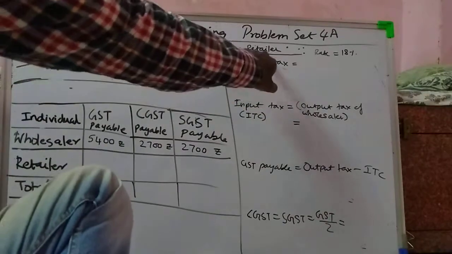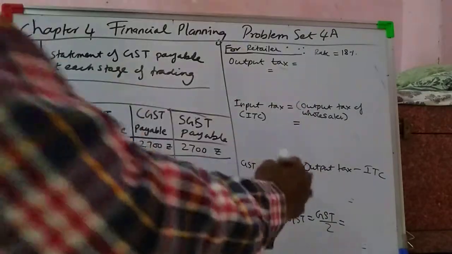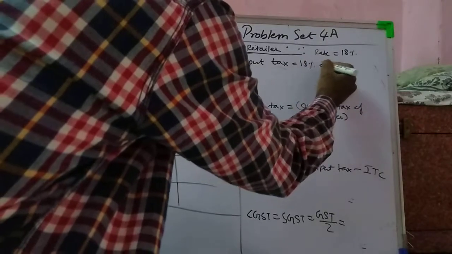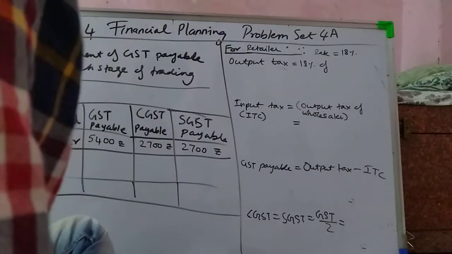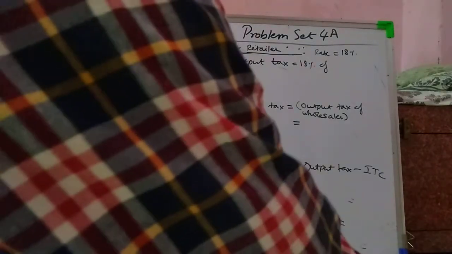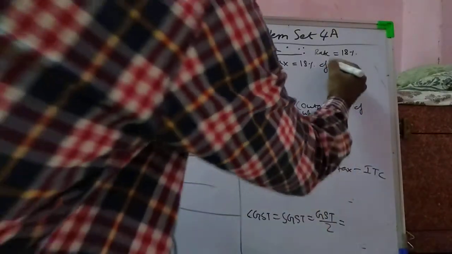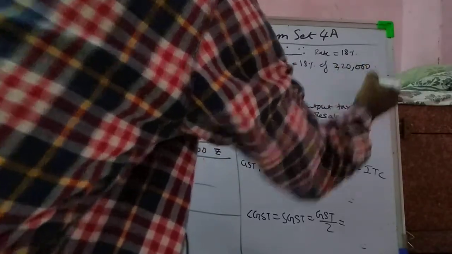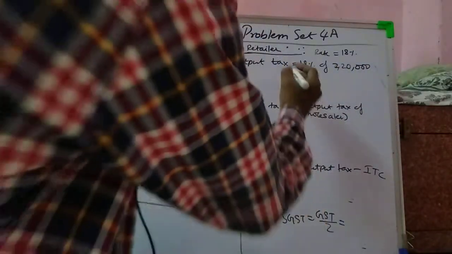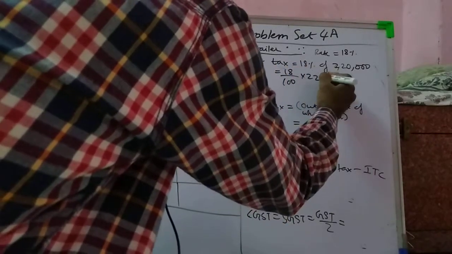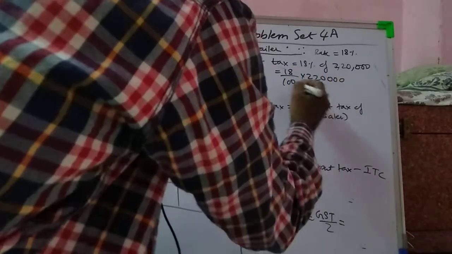Okay. Now let us calculate for the retailer. For the retailer, the output tax is again 18% of the amount sold to the customer, 2,20,000. So that will become 18 upon 100 into 2,20,000.